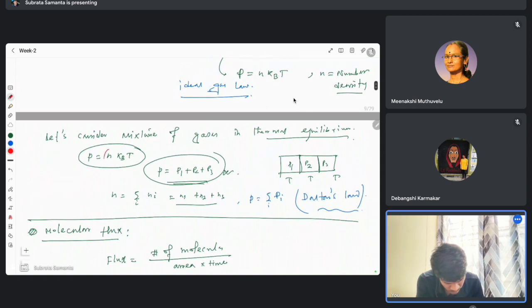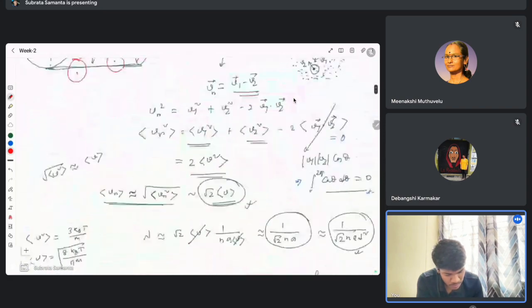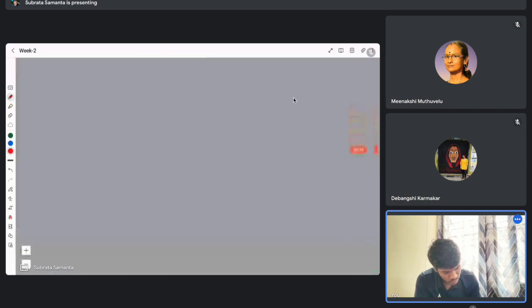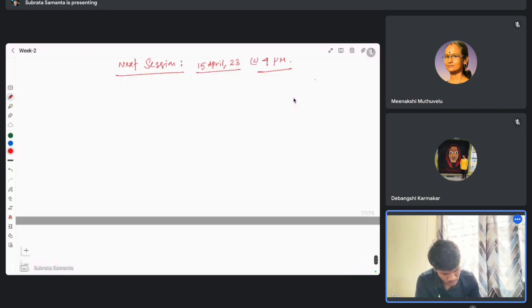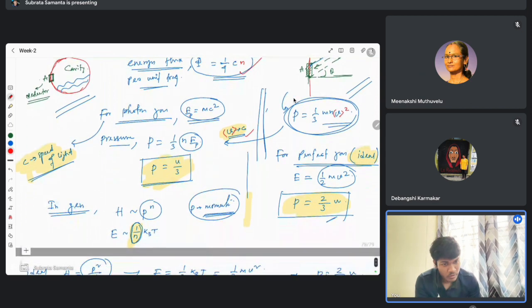P equals n k T. For the number density per unit volume, we take the number of photons per unit volume, that means the number density. This v average here is c, the velocity of light. This n is the n photons per unit volume, that means this is a number density.